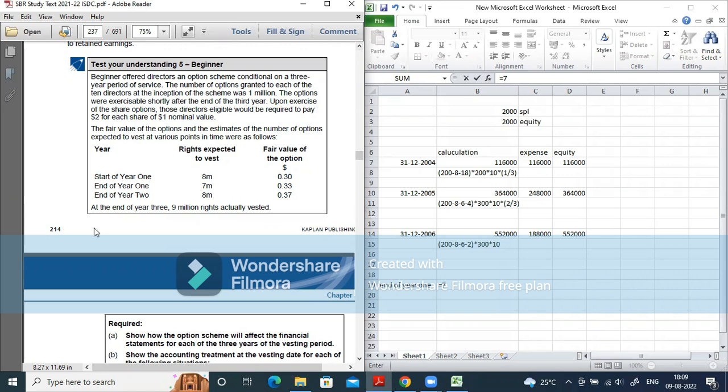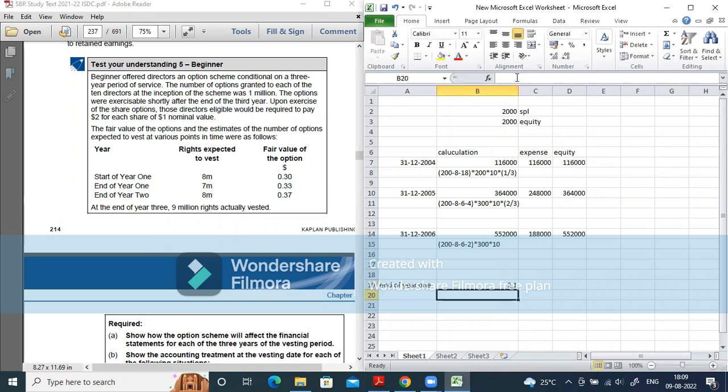What will be the share option value which we should consider? They clearly mention the start of the year 1. So start of the year 1 means what is the fair value? 0.30. So it will be 7 into 0.30. So we will recognize expense 2.1, equity 2.1.